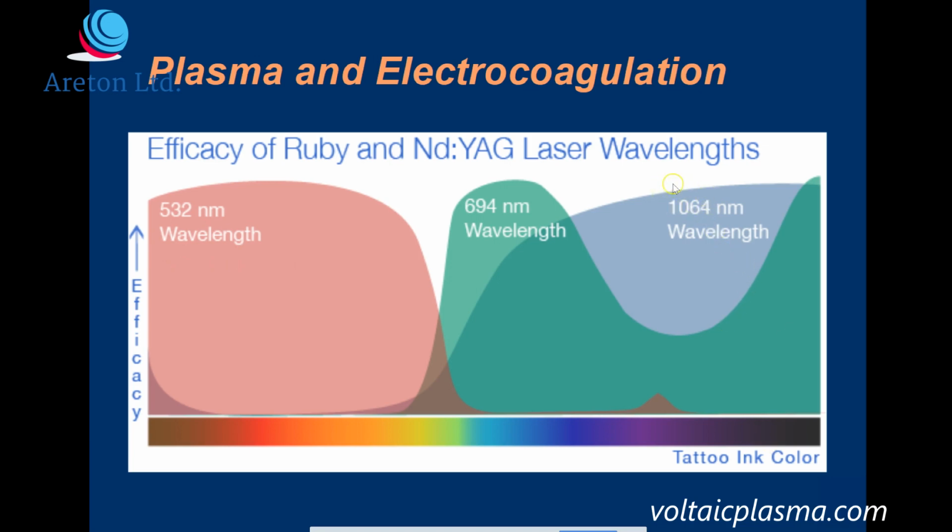Then you would use this wavelength, 1064 nanometers, in order to remove blue and darker colors. Then the 964 has been shown to be somewhat effective, again, on greens, but green colors in tattoo removal are quite difficult anyway.